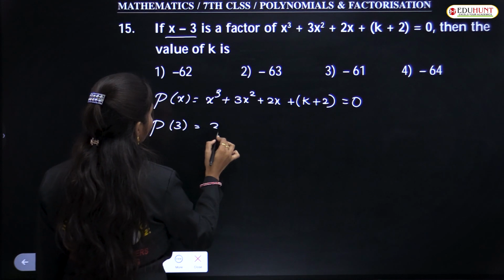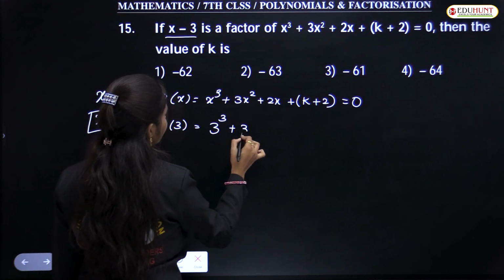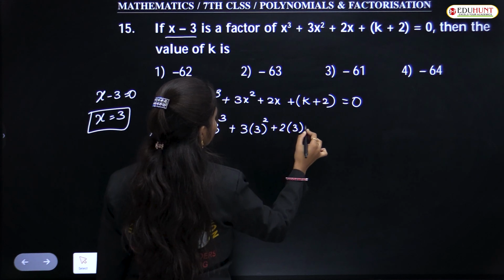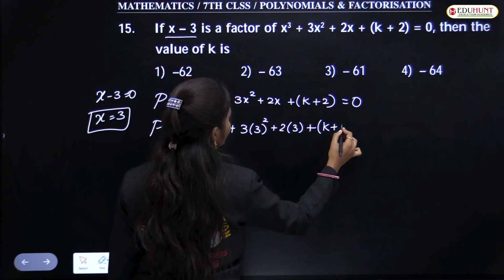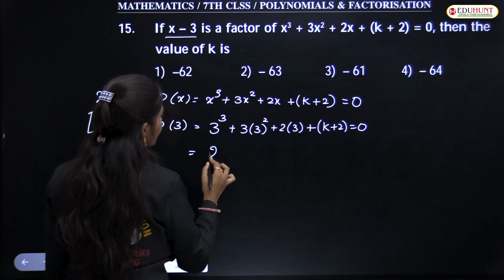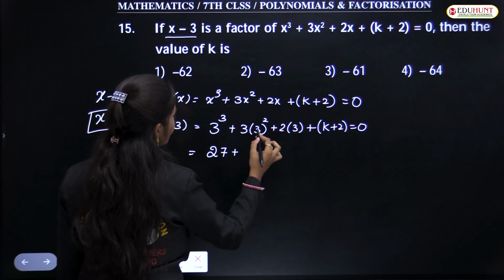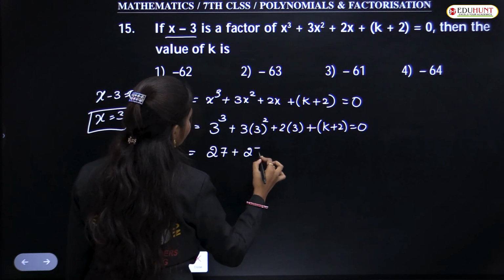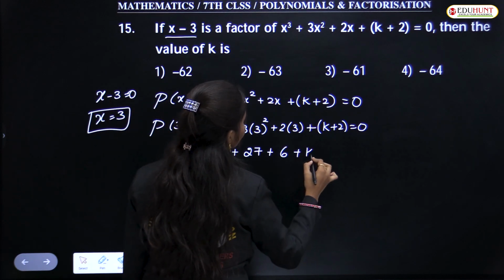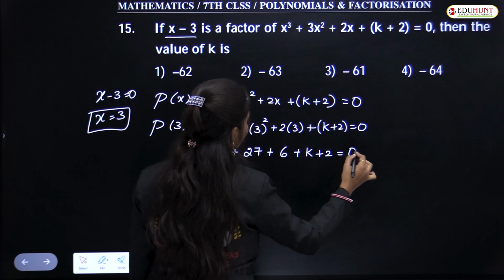So here 3 cube plus 3 into 3 square plus 2 into 3 plus k plus 2 is equal to 0. So 3 cube is 27, plus 3 square is 9, 9 times 3 is 27 again, plus 2 times 3 is 6, plus k plus 2 is equal to 0.